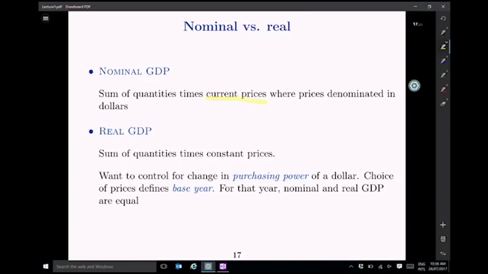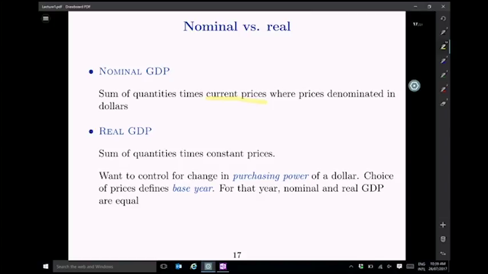However, sometimes we have a problem. If you want to compare, say, aggregate economic activity between 2017 and, say, 1960, shall we look at nominal GDP in 2017 and 1960? Is that a good idea? Just let's find GDP in 1960 and then compare it with 2017. Would you believe that's how economic activity changed over time?